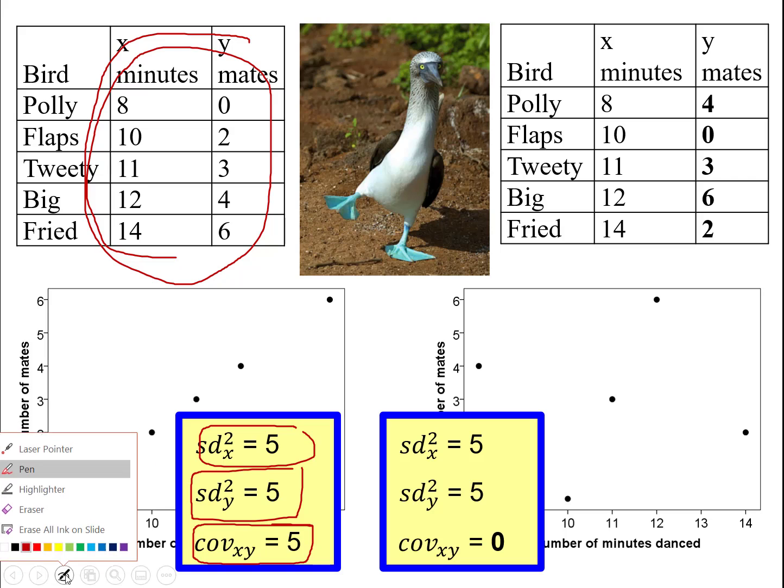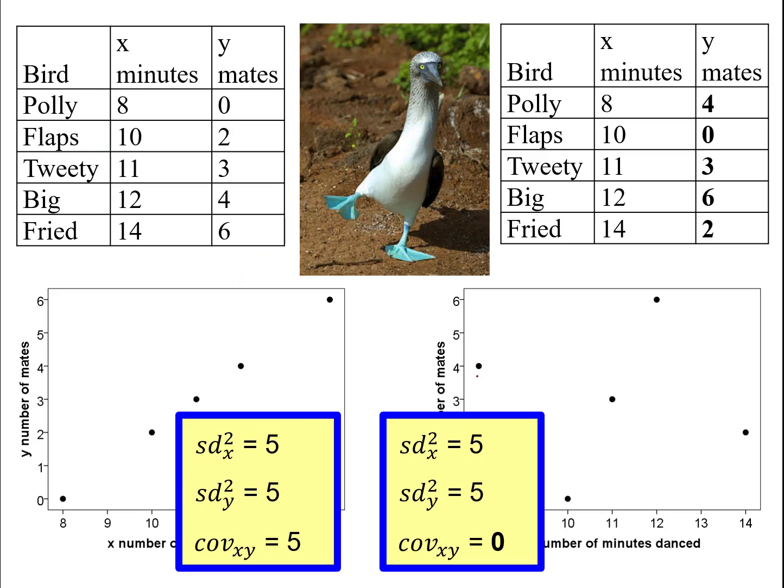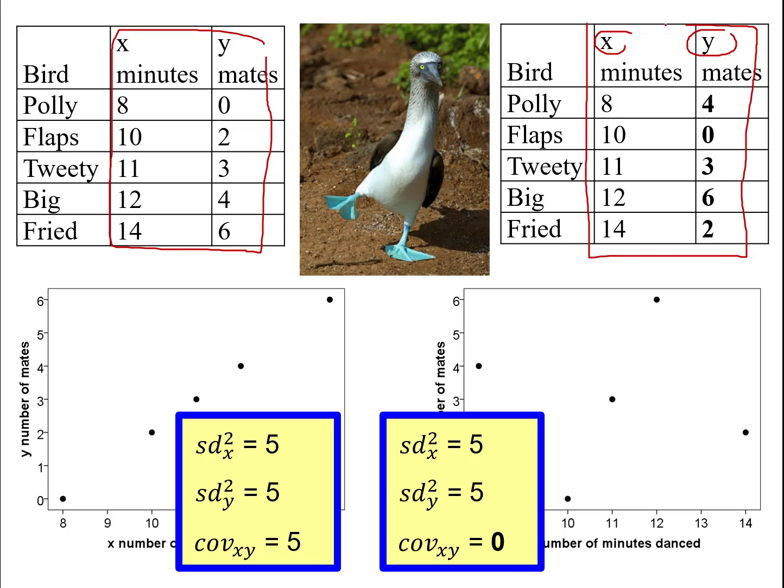Now let's consider the example on the right-hand side of the screen. Now note that variable X and variable Y have the exact same numbers. So on the left-hand side of the screen, we have one set of numbers for X and Y. And on the right-hand side of the screen, we have the exact same set of numbers. They're just mixed, the Y variable is mixed up in a different order, but it's still the same set of numbers.